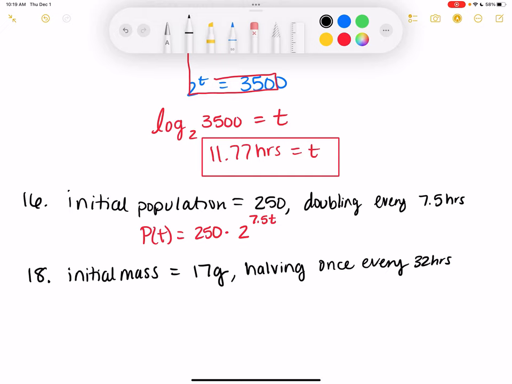Instead of a 2, it's going to be 1/2 this time. So we have P of T is equal to 17, the initial, times 1/2, and I would put parentheses around it because it's a fraction. But now it's once every 32 hours, so because it's halving, it's going to be T divided by 32. If it's halving, it's a fraction in the exponent as well. And if it's doubling, it's like that.